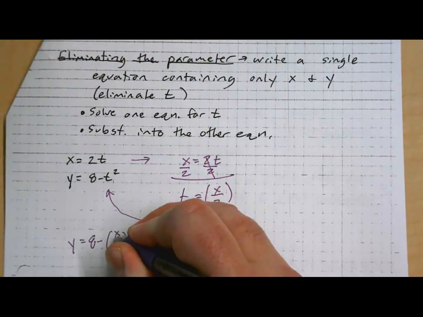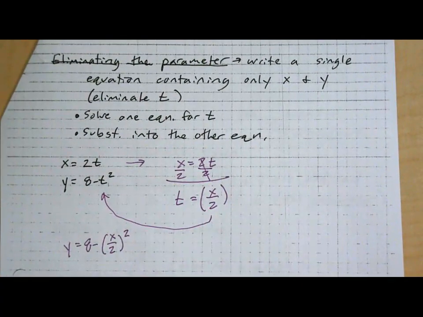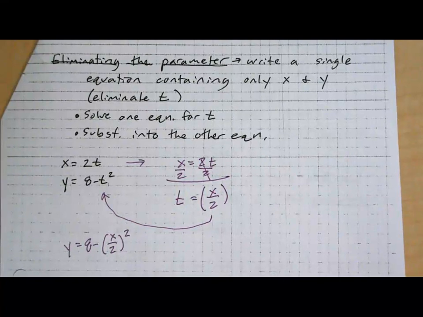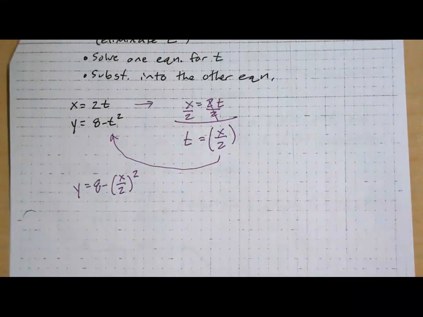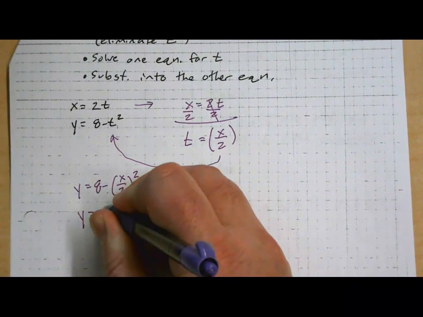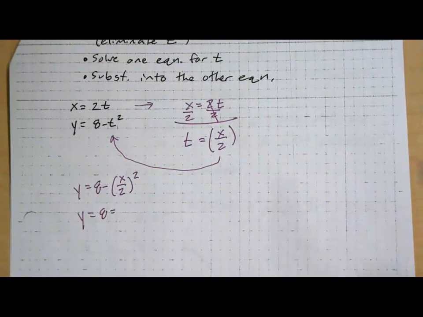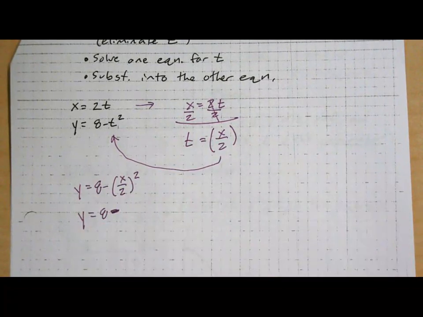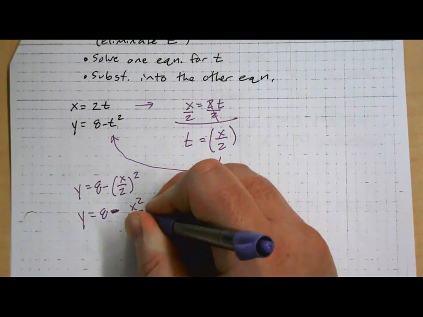That's it. We'll talk about simplifying these. Some of these we'll be able to simplify a little bit, but this is fine. I would probably simplify this a little bit. Equal or minus, so minus not an equals. This is x squared over 4.